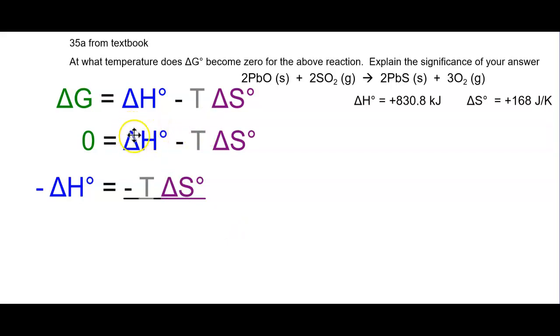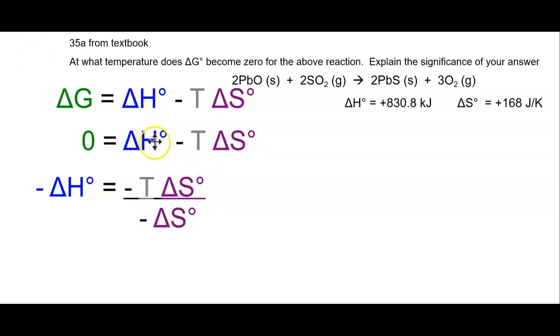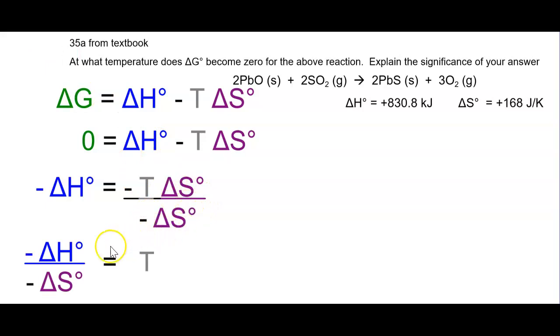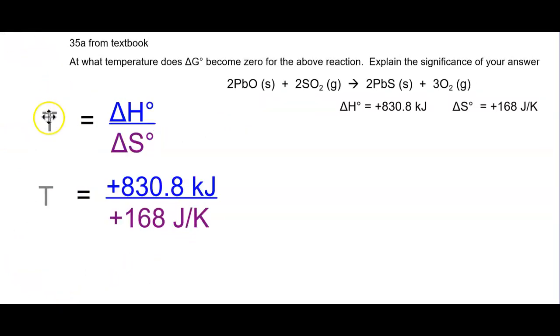Delta H disappears on this side, and it's negative delta H. Next, to solve for T, we divide by negative delta S. So when I divide both sides by negative delta S, I end up having negative delta H over negative delta S equals T. And then these signs cancel, so the final piece we'd get is T equals delta H over delta S.